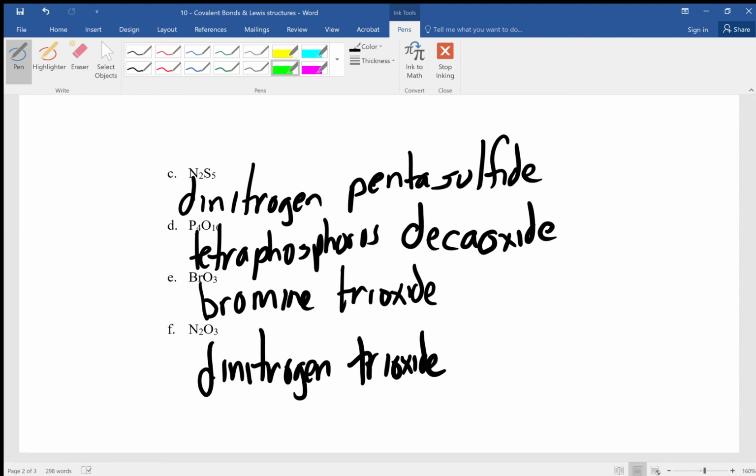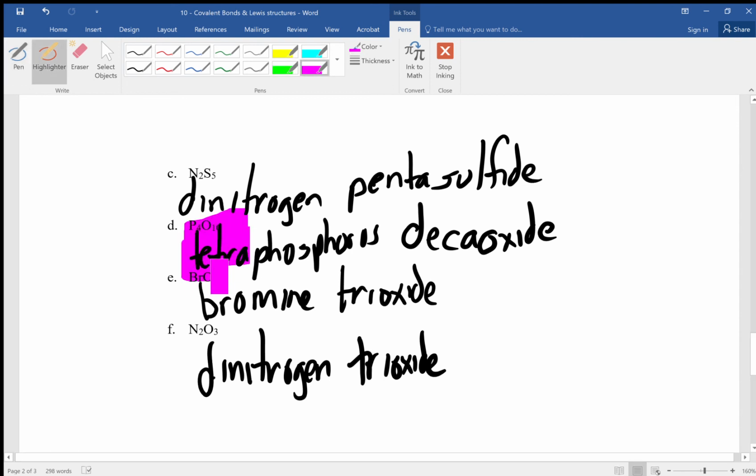The one I especially emphasize, though, is this one, tetra. Over the years, I've seen many different wrong answers for 4. Things such as quad, tert, buta, and several others. But the only prefix for 4 is tetra.